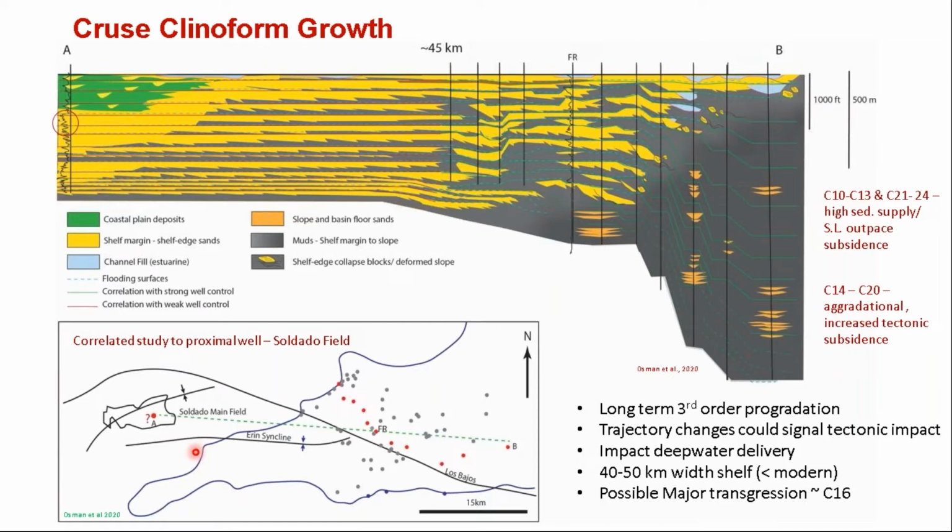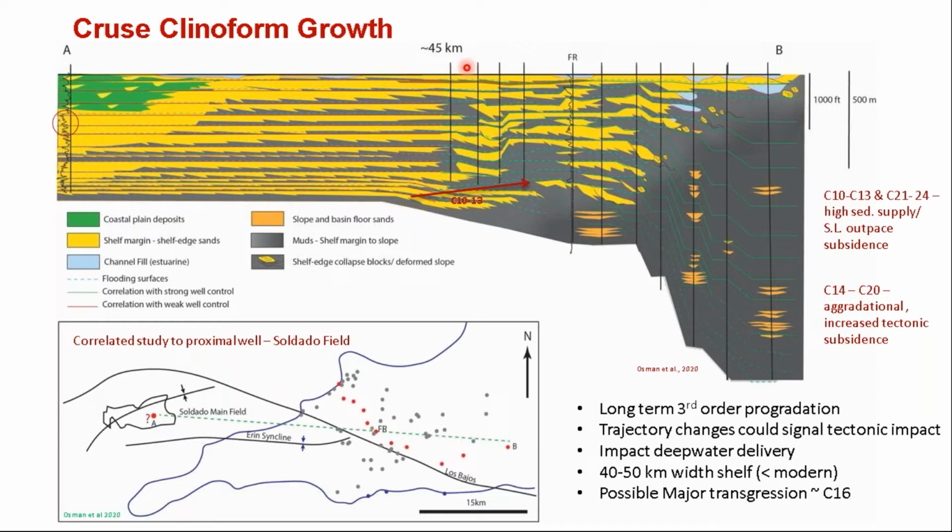Now, what we've done is we've linked our data set here, within our study area, to a well that's located in a proximal location. And this helps us confirm the shelf margin width being about 45 degrees. So we can correlate this well to our data set, helping us identify the shelf width at this time.